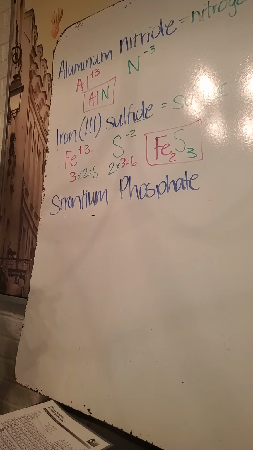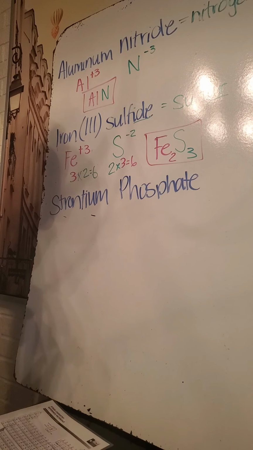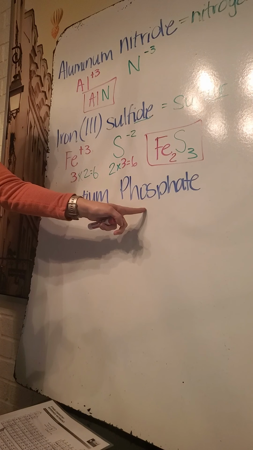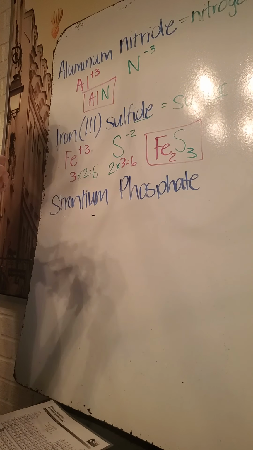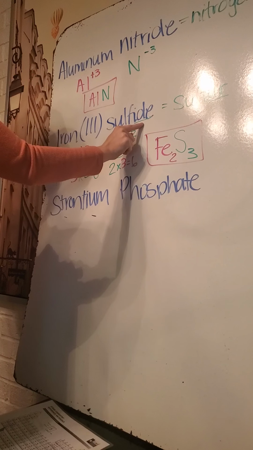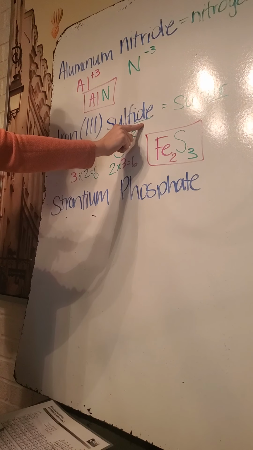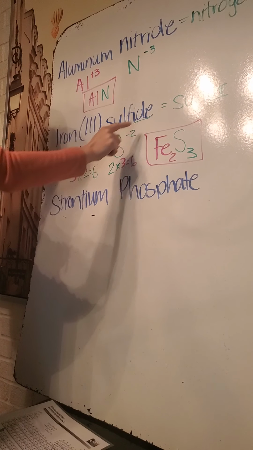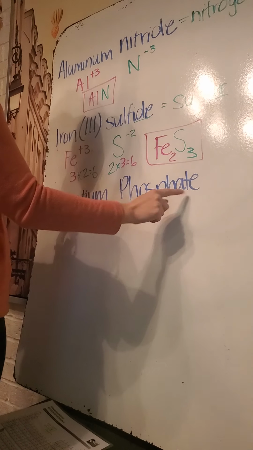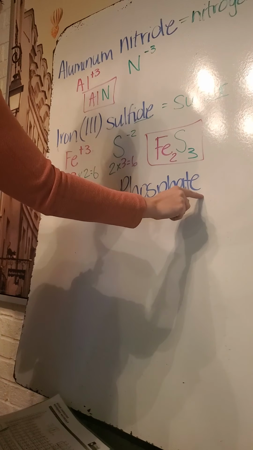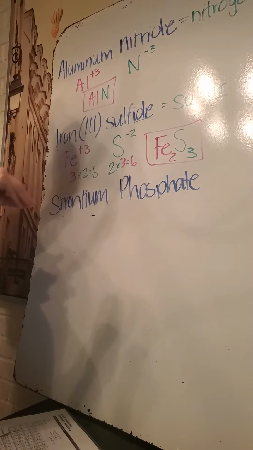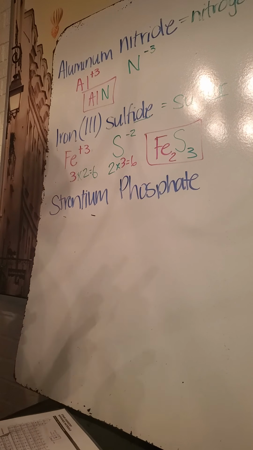Now we're going to do one that's a little trickier, only because it has this polyatomic ion. If you notice, the other two ended in IDE. That tells you it's just a normal atom of an element. This group ends in ATE. That's telling me this is a group of elements that's acting like one thing.